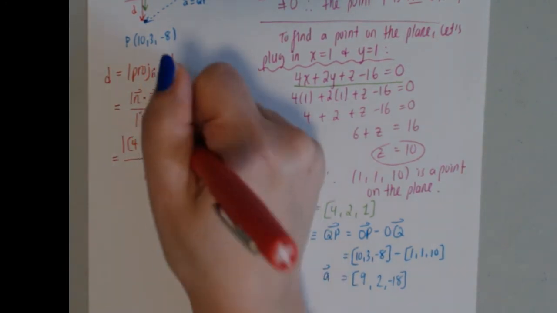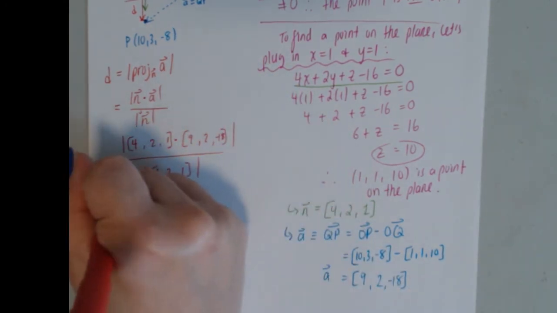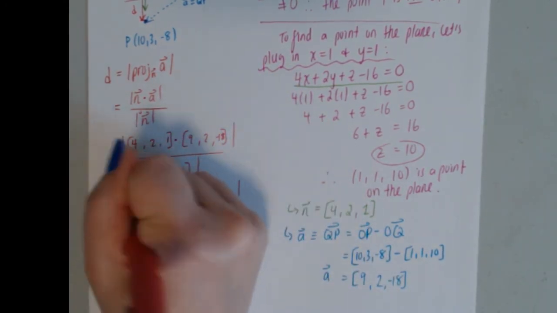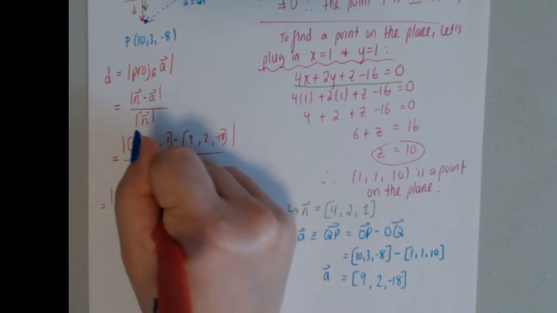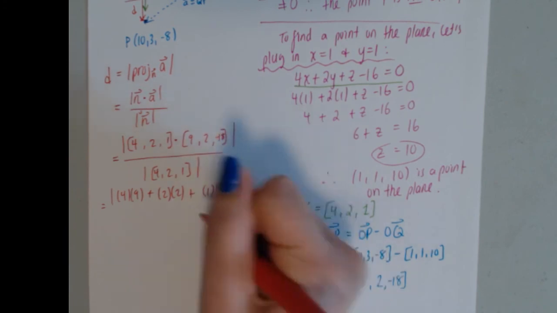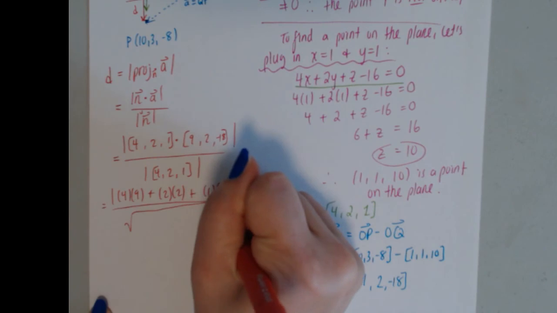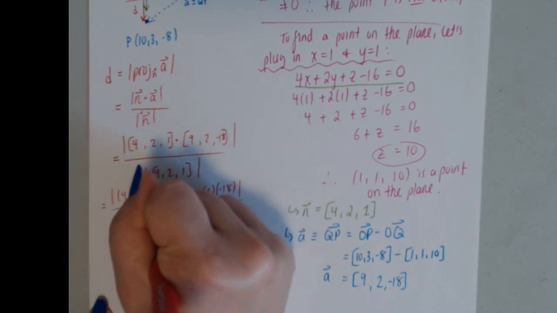A goes on the right, 9, 2, minus 18. In the numerator, I'm going to have 4 times 9 plus 2 times 2 plus 1 times negative 18, divided by the magnitude of a single vector.